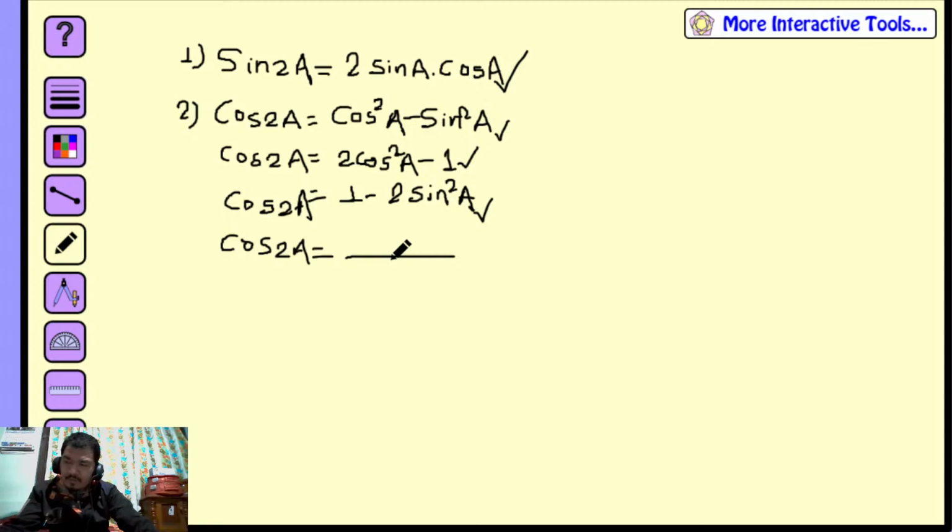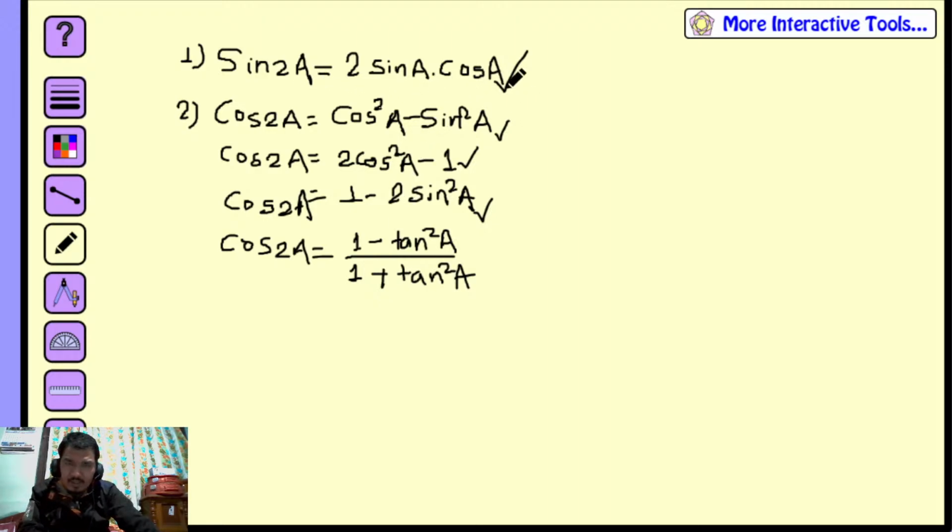Cos 2A in terms of tan A means here we have to write 1 minus tan square A up, and down there will be 1 plus tan square A. Up there will be negative and down there will be positive, right?